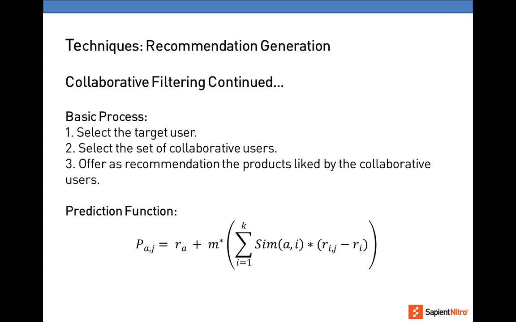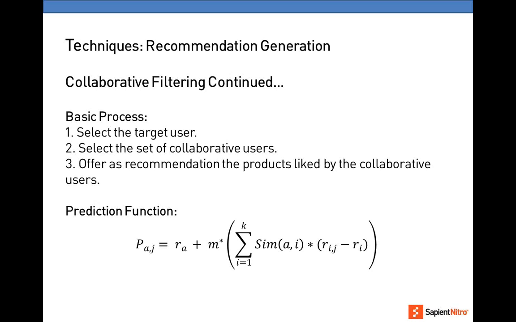A simple prediction function that is shown here: let us say we want to calculate the prediction for user A for an item J. We will try to find the similarity of all the collaborative users. K is the set number of collaborative users, and sim(A,I) is the similarity of the target user with the collaborative set user, and we are multiplying it with the rating difference for the item J, that is, the rating by the user and the average rating of the collaborative user.